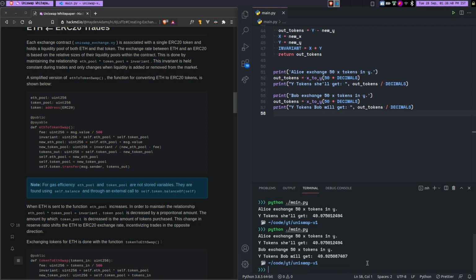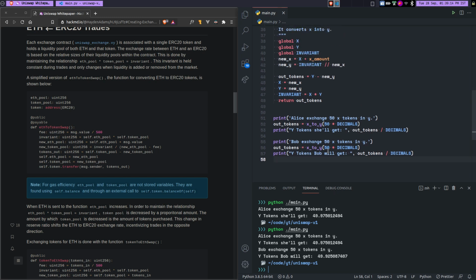Now if I run it, you will see that when Alice came, she wanted to exchange 50 X tokens into Y tokens, and the amount of Y tokens she got was 49.97. But when the other person, Bob, came, he also exchanged his 50 X tokens into Y. But in this case, if you look at it closely, the value is decreasing. It is 49.925 instead of 49.975. And can you guess why?